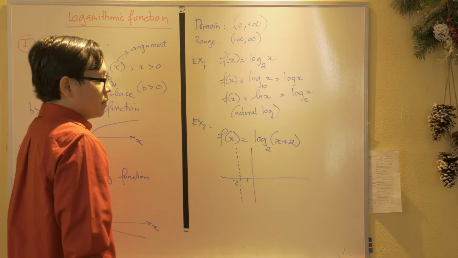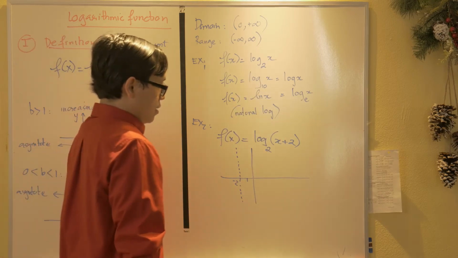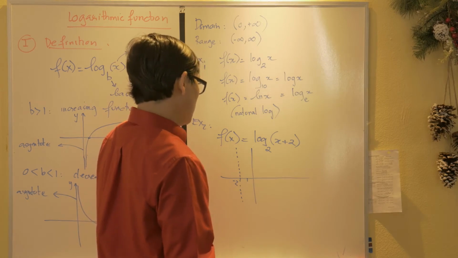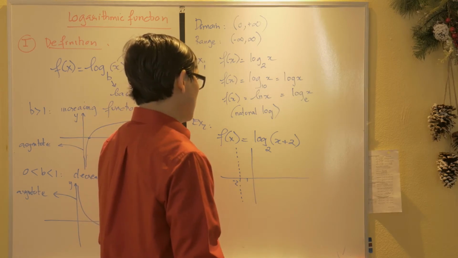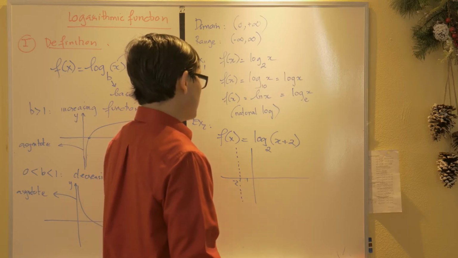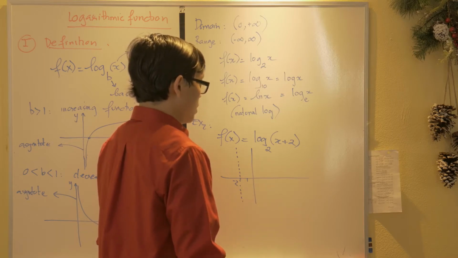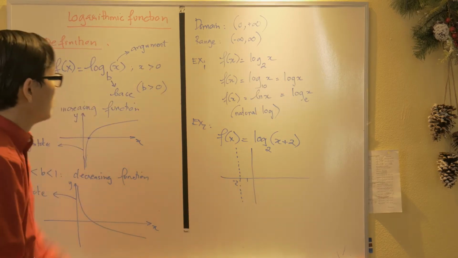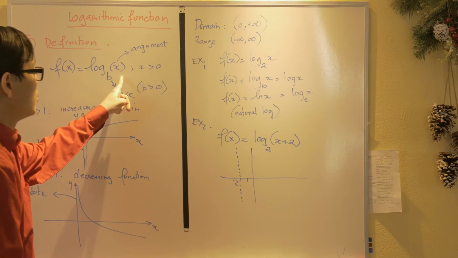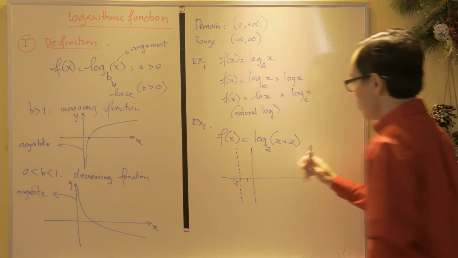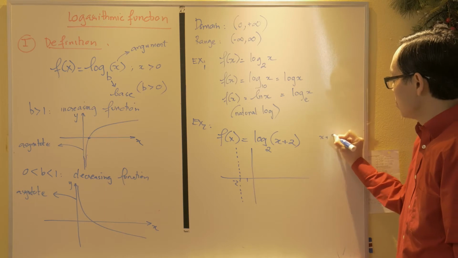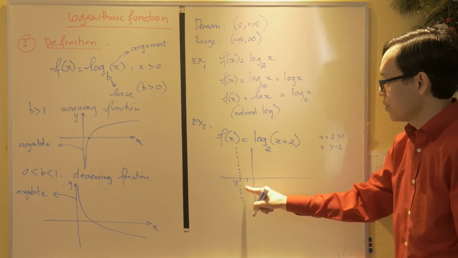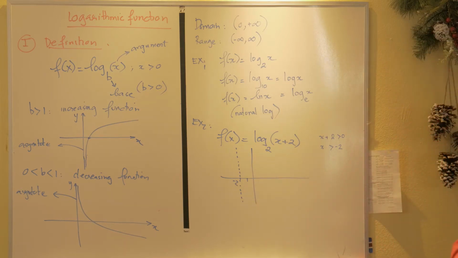And this is the b value still. In this case, x must be greater than -2, because everything inside here, the argument, must be greater than 0. So the argument here is x plus 2, so x plus 2 must be greater than 0, so x must be greater than -2.